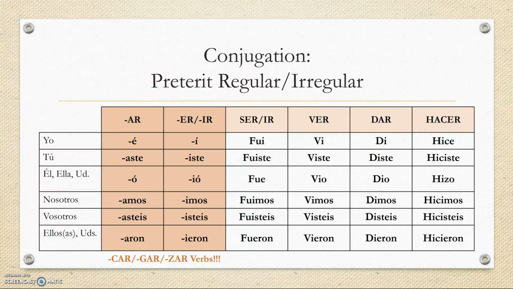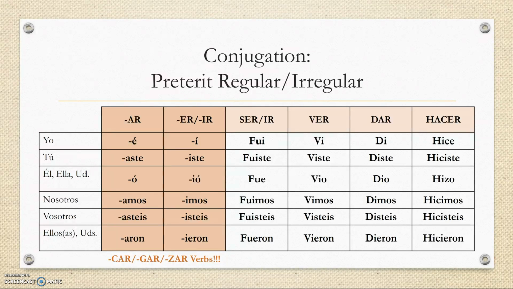Ser and ir happen to share conjugations. Fui, fuiste, fue, fuimos, fuisteis, fueron. Ver and dar are also extremely similar, where just the V and the D are the only difference between the two. Vi, viste, vio, vimos, visteis, vieron. And dar: di, diste, dio, dimos, disteis, dieron.